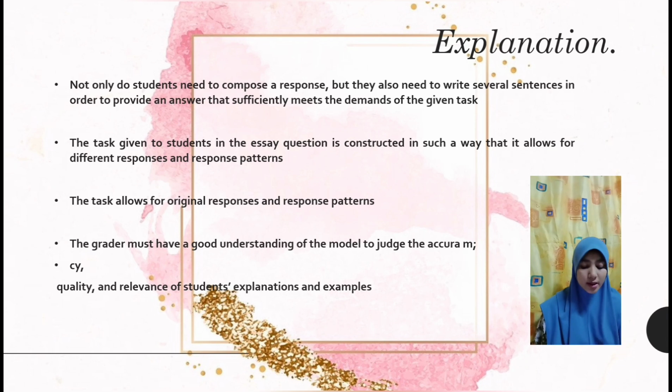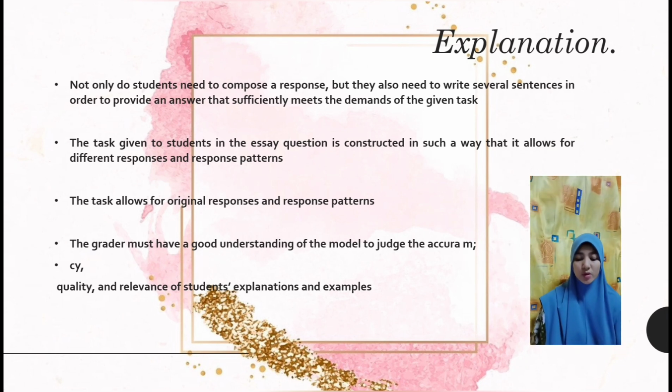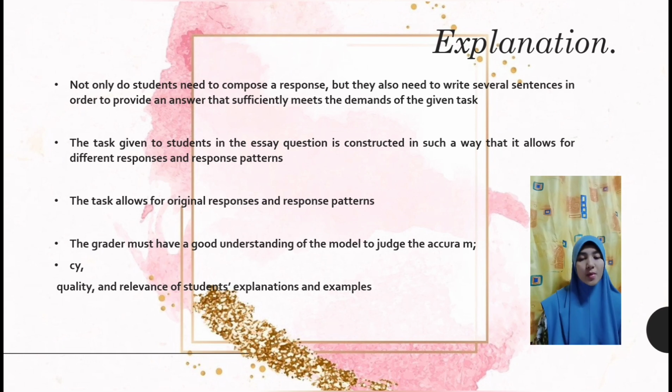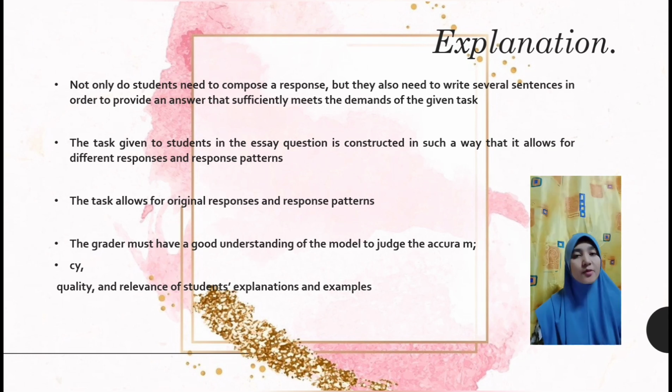However, requiring students to compose a response is not the only characteristic of an effective essay question. Essay questions are different from other constructed response items because they require more systematic and in-depth thinking.